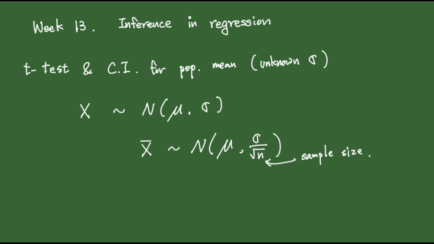What I want you to focus on here is that when we have this form, where something follows the normal distribution and we know mu, and we want to construct the confidence interval for the population mu, but we don't know the population standard deviation sigma.